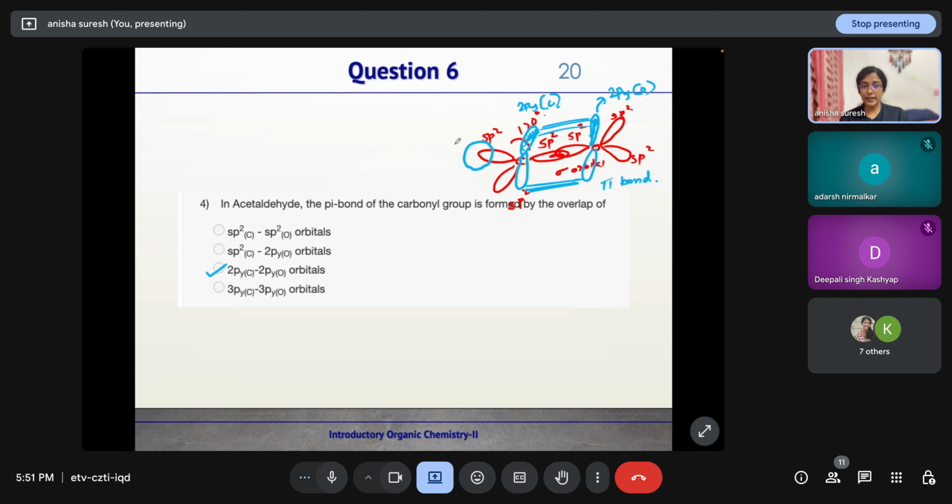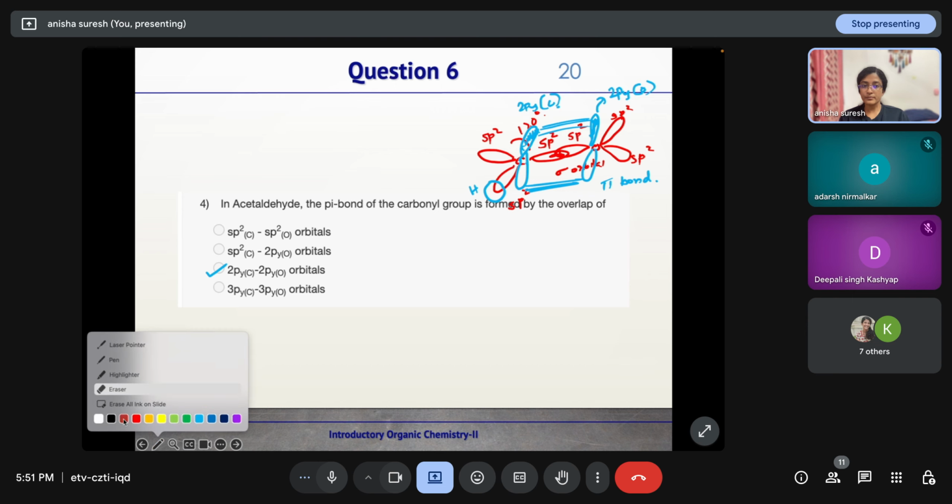Here will be hydrogen. Or in case of acetaldehyde, one will be with CH3. Again one sp2 hybridized orbital will be overlapping, and this will be hydrogen, and another carbon atom.